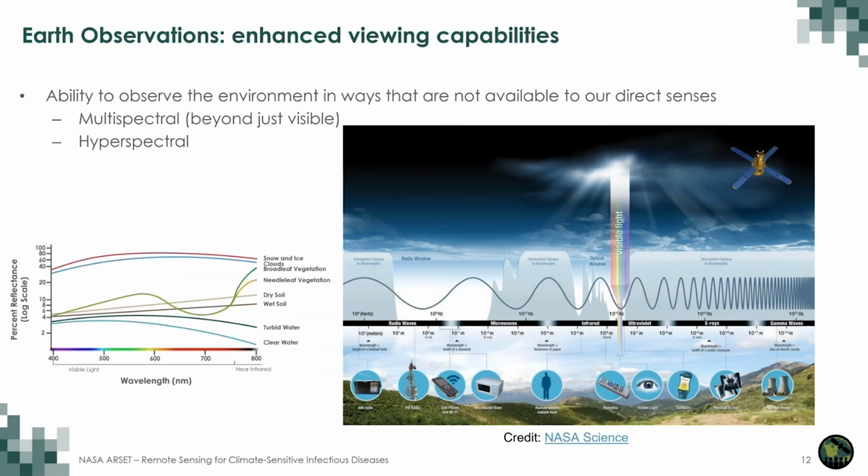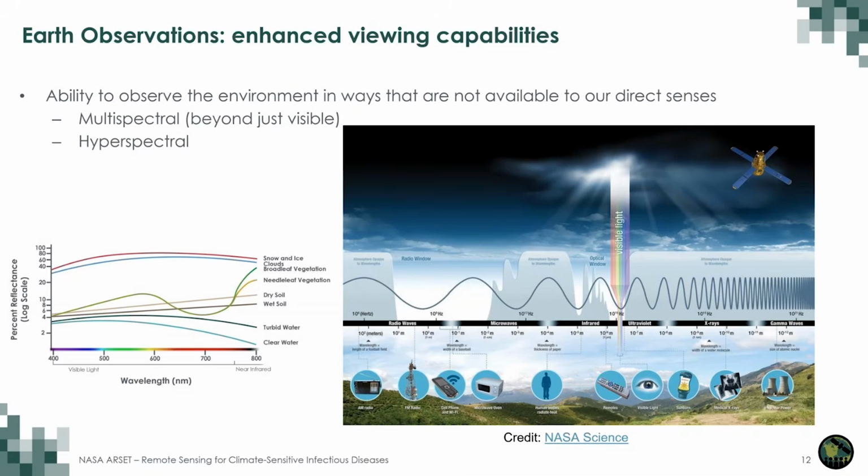The next importance of Earth observations, what they're giving us, is that we gain the ability to observe the environment in ways that are not available to our direct senses.